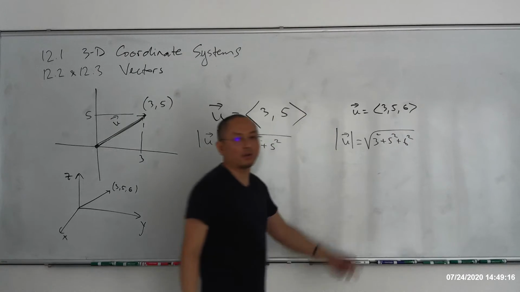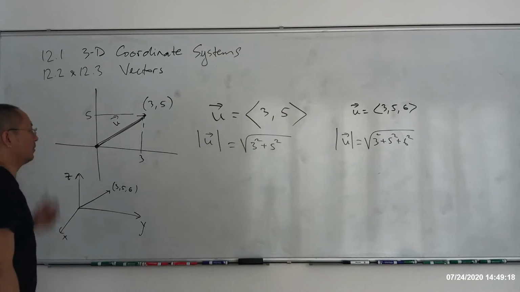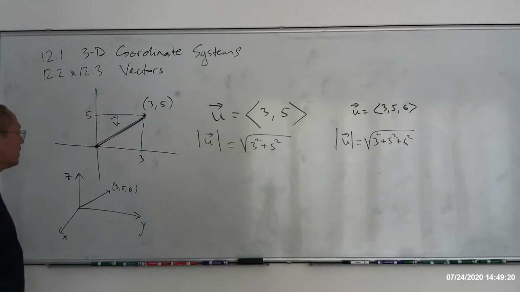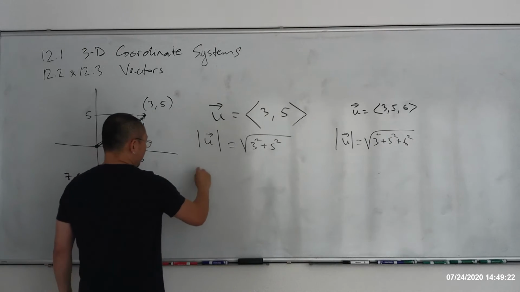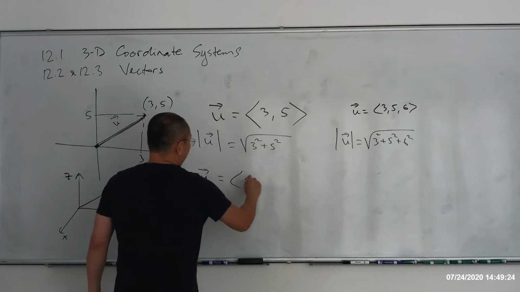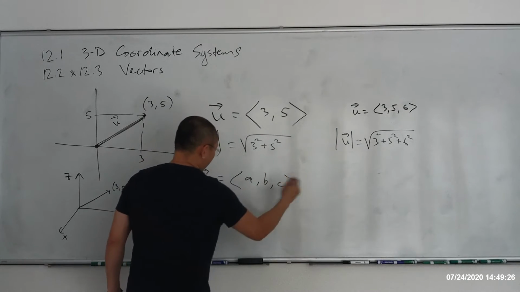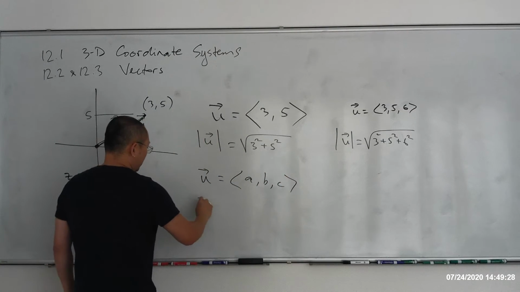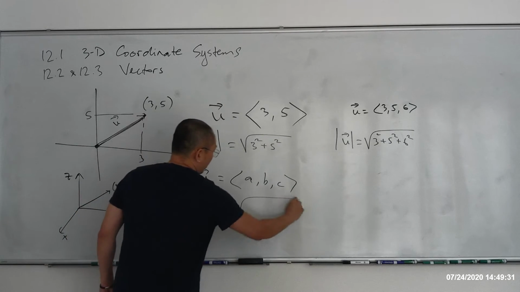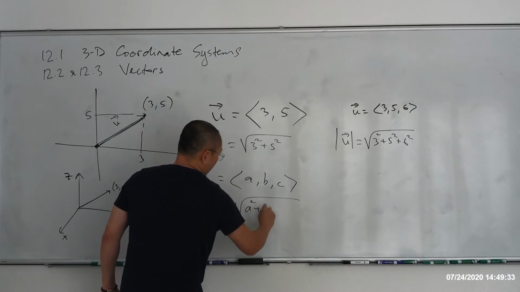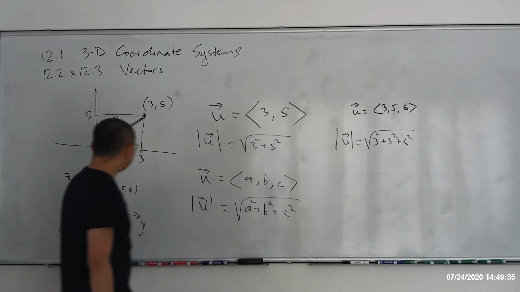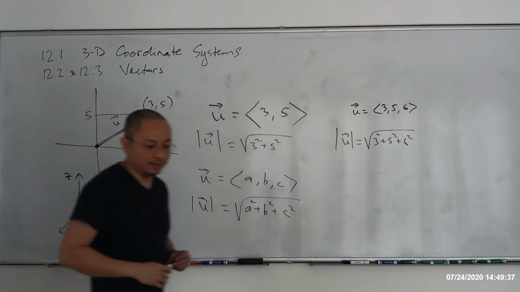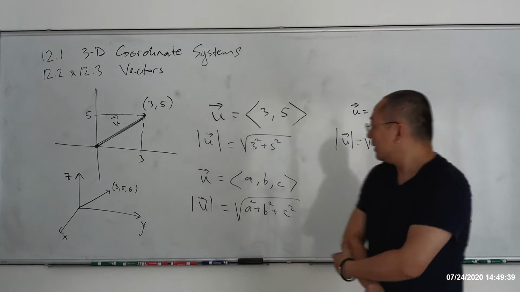And then you have a calculator, you should be able to calculate those numbers. But it was just the idea, okay? So in general, if you have a vector u, this is a, b, c, or x, y, z, however you call it, the magnitude is calculated this way. Square root of a squared plus b squared plus c squared. All right.